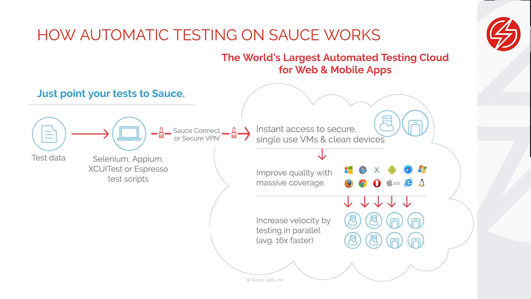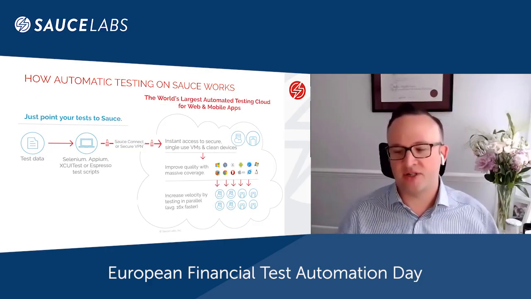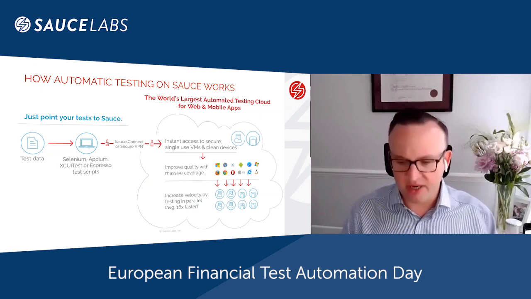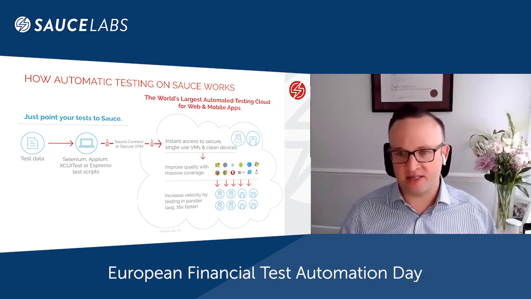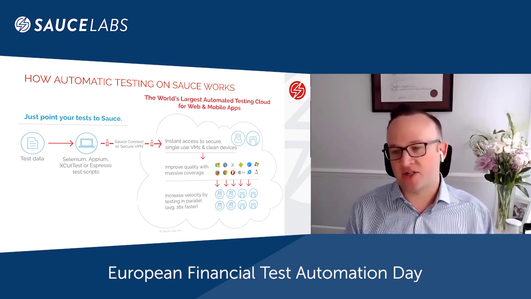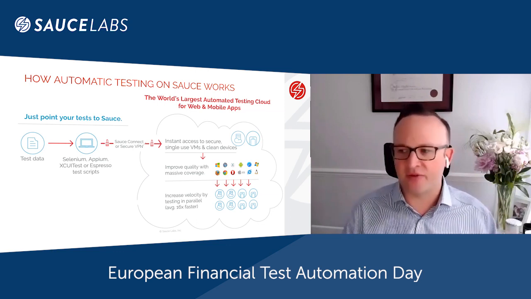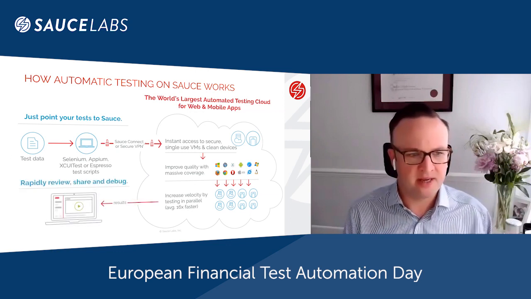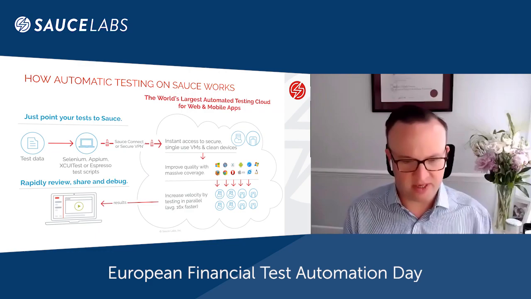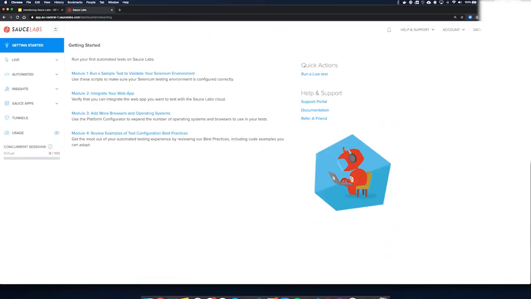So testing 16, 20, 100, 1,000 different combinations of devices, operating systems, and browsers at the same time, meaning that we're not increasing the test execution time in total. We're actually increasing the coverage, but with no extra time. And obviously we can review, share, and debug the results, and we're going to have a look at that right now. This is the Sauce Labs interface.